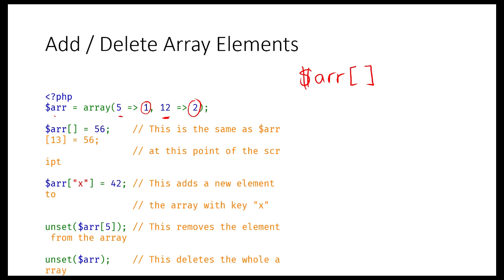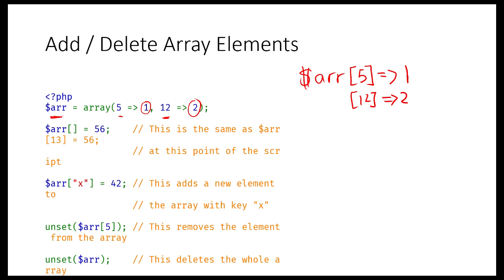Now, what they did here was they created this array. Let's say this array already exists because this line of code is here. So somebody created an array, and position 5 has 1 in it, and position 12 has 2 in it. And so they've said, hey, add 56 to this array.